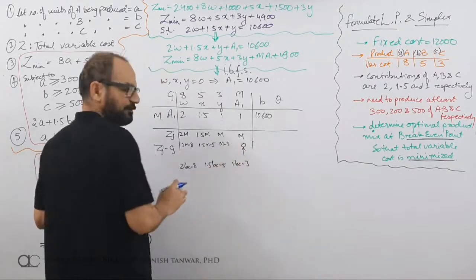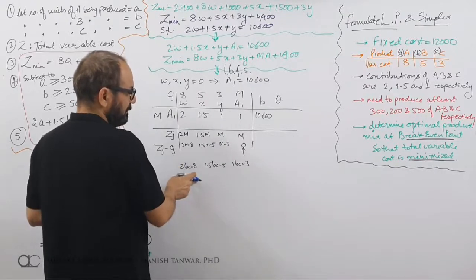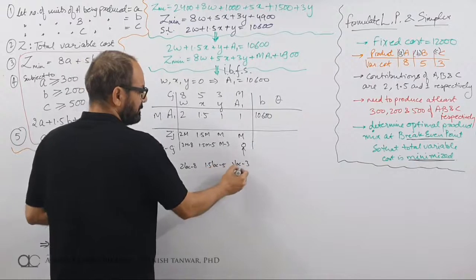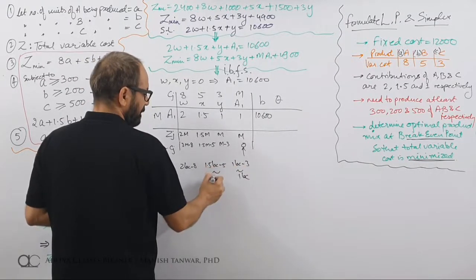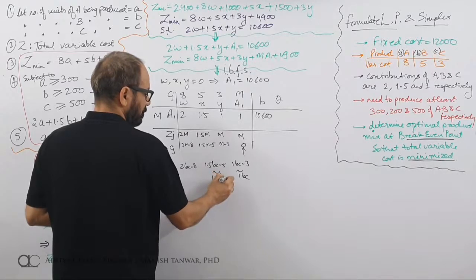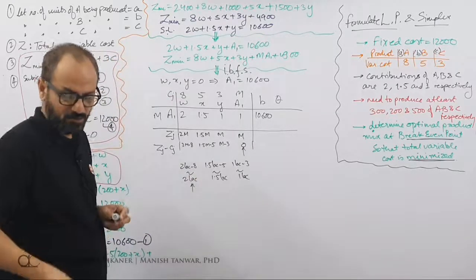This is as it is 0. Now, can you tell me which one is largest? 1 lakh minus 3 is almost 1 lakh. 1.5 lakh minus 5 is almost 1.5 lakh. And this is almost 2 lakh. Which is the largest one? 2 lakh. That is 2m is the largest one.